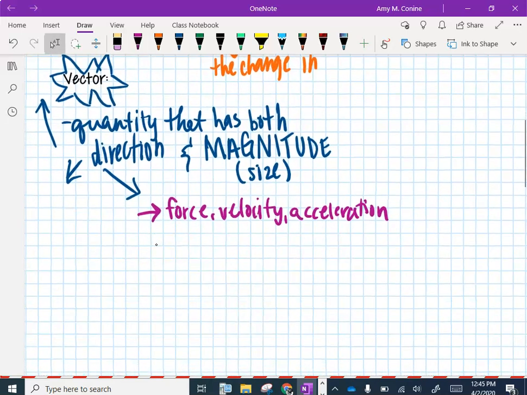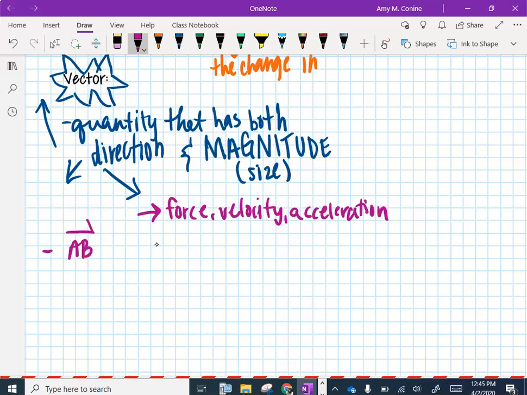How you would write it, so let's say we had vector AB, we would just have a line with a half arrow on top, and we would have something like this, like 3, 4, or it could be written using your less than and greater than symbols.